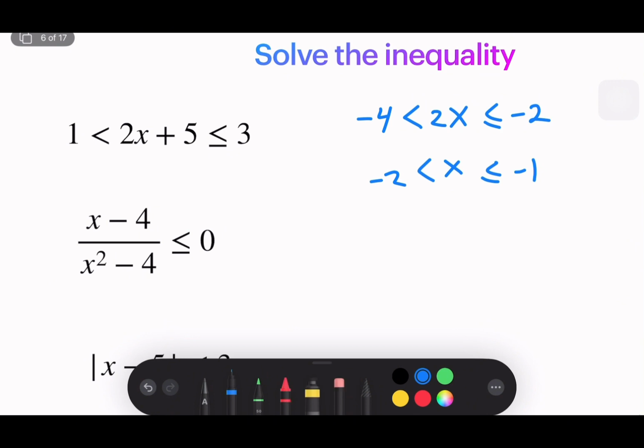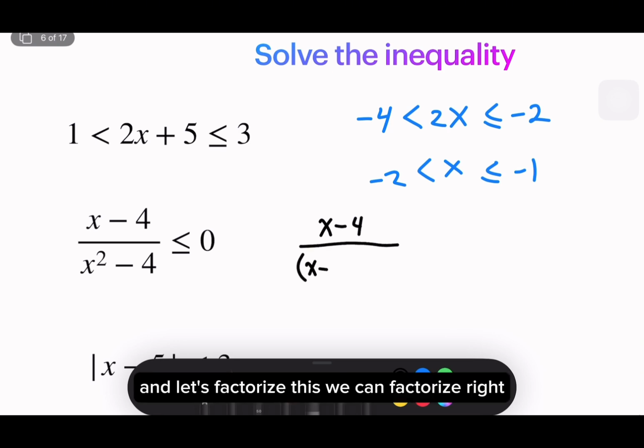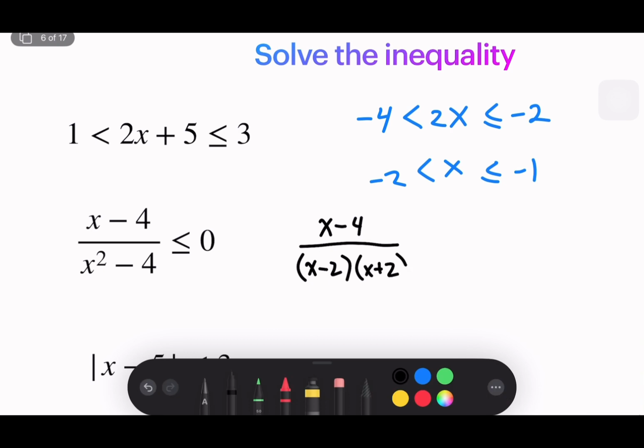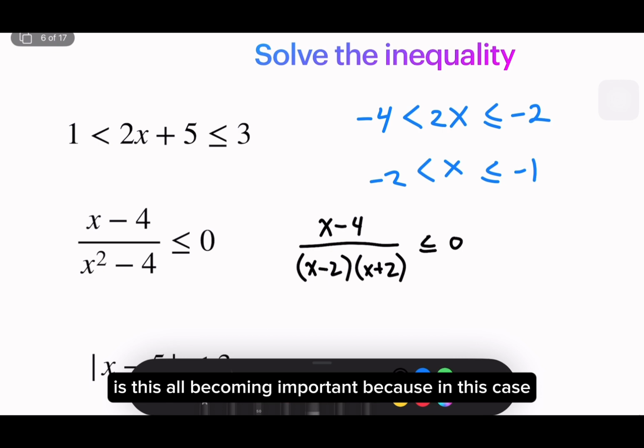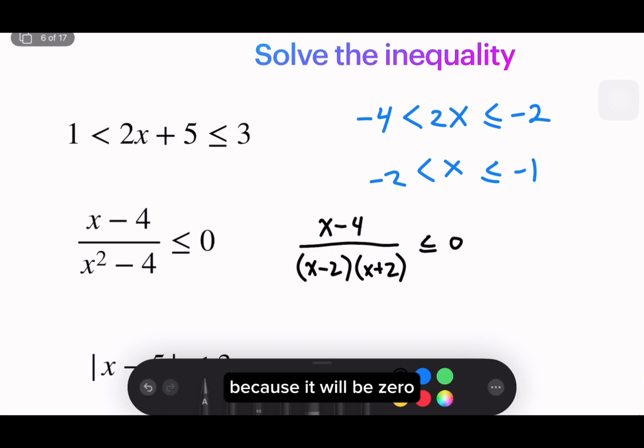Okay, so let's write and let's factorize this. We can factorize, right? As I always mention, all these components become important, because in this case you cannot have x equal 2 or negative 2, because it will be 0.